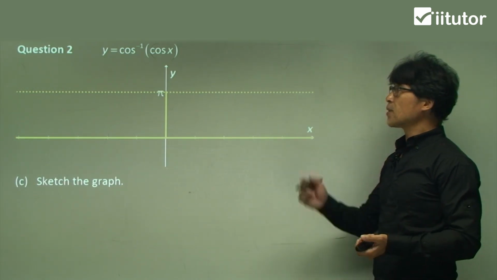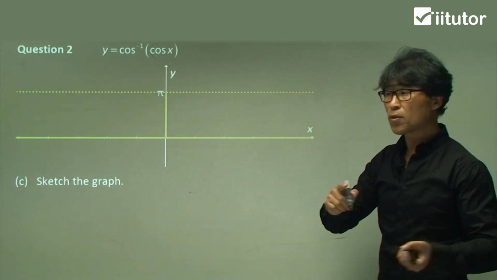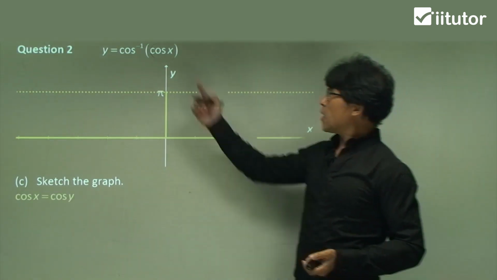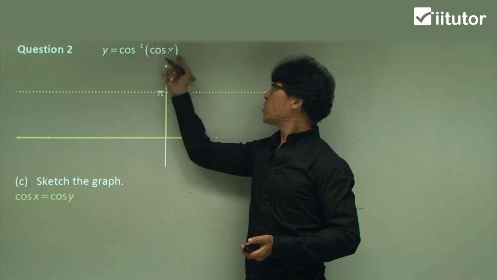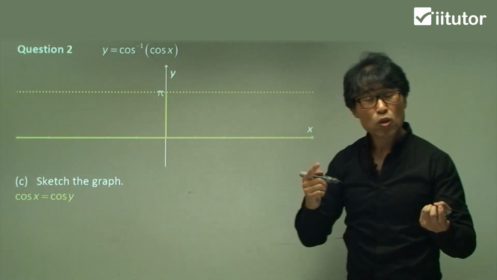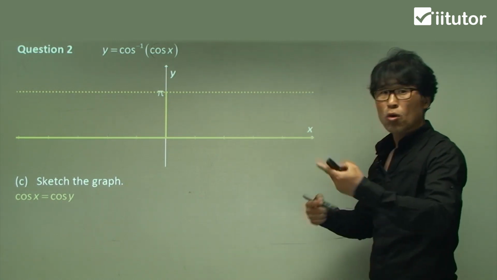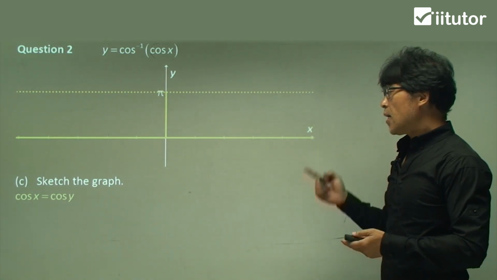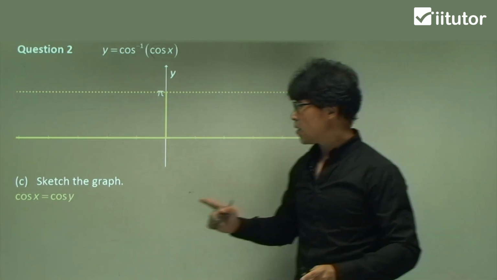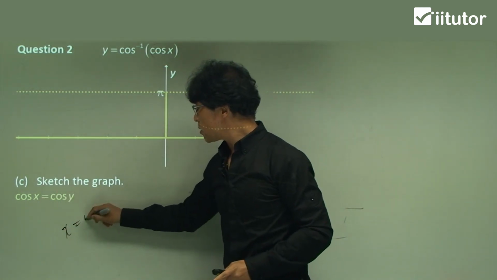Similar story. We're going to find out the general solution for that, as we did a few times already in this lesson. Swap x and y, swap cos x and y, and then eliminate the -1 notation because they are no longer an inverse function. And I don't want you to make a silly mistake here. x is not y.